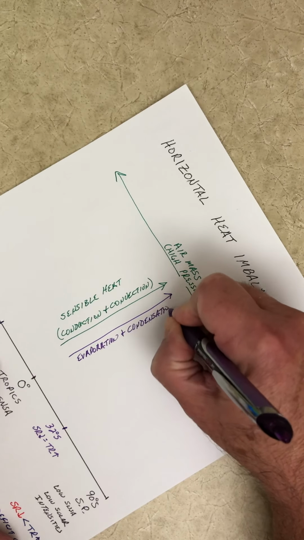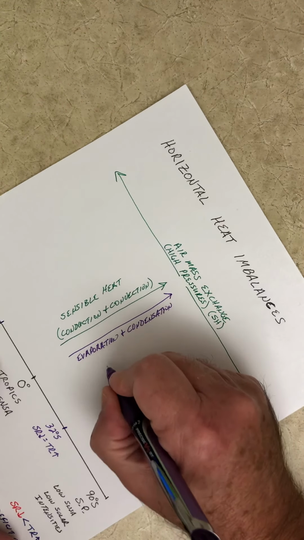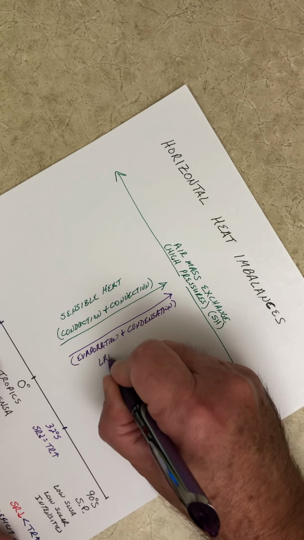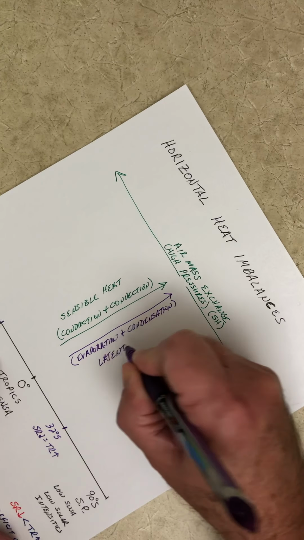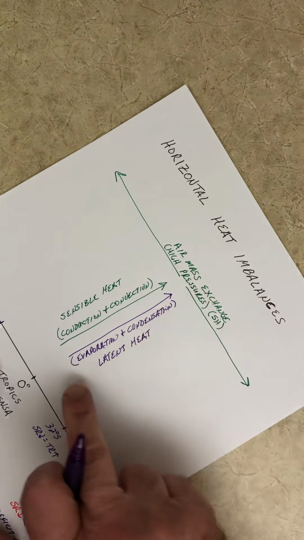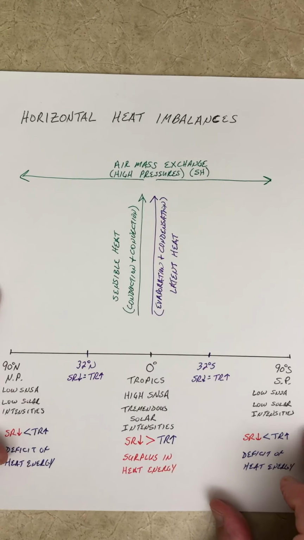So basically clouds and storms. This is how latent heat is being moved in the vertical. Latent heat is moved in the vertical through evaporation at the surface and condensation in the atmosphere.